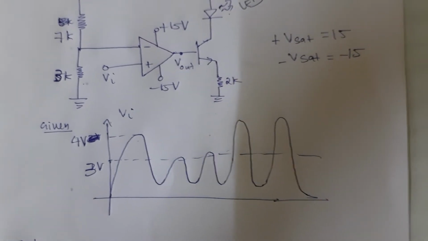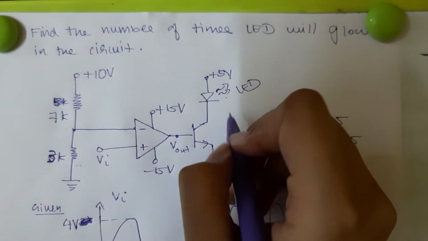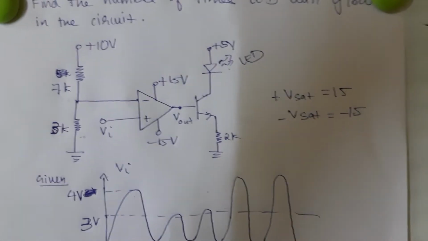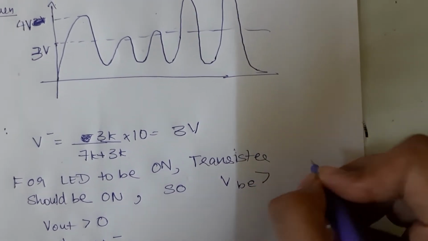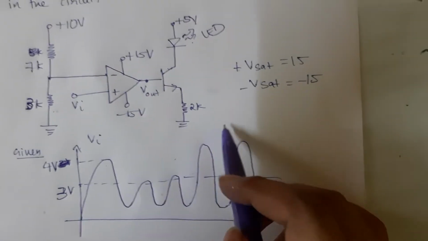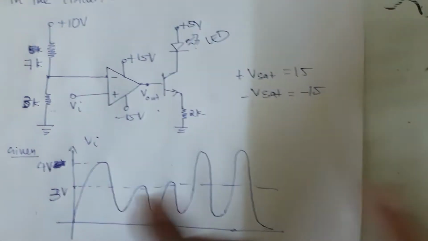Now, it's a very simple fact that for the LED to be on, my transistor should be on. When will my transistor be on? Transistor is on when VBE is greater than 0.7. For VBE to be greater than 0.7, my Vout should be positive.